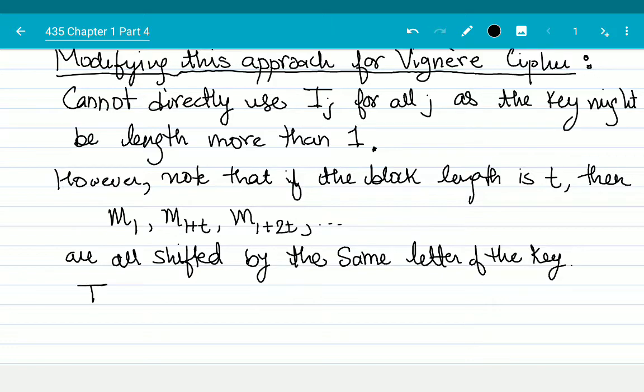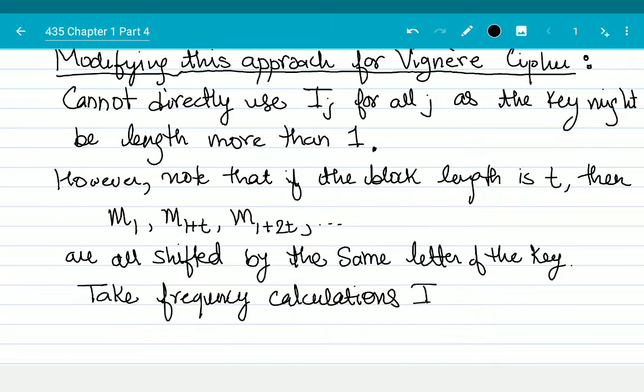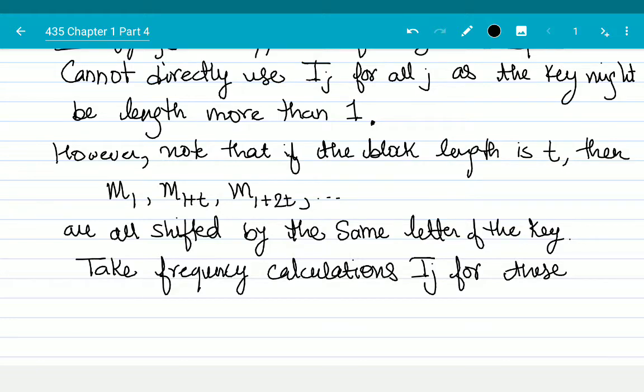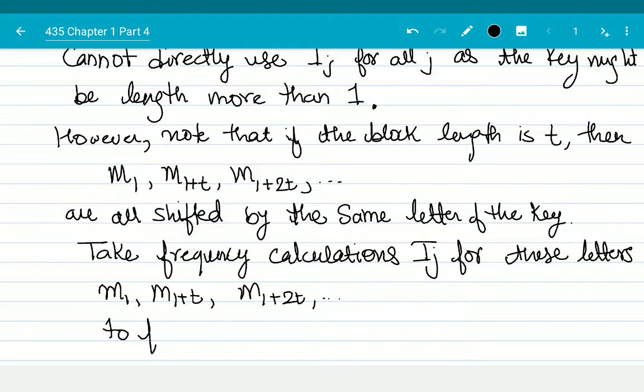So take frequency calculations Ij for these letters m1 plus t, m1 plus 2t, and so on, to find the correct key k for them.